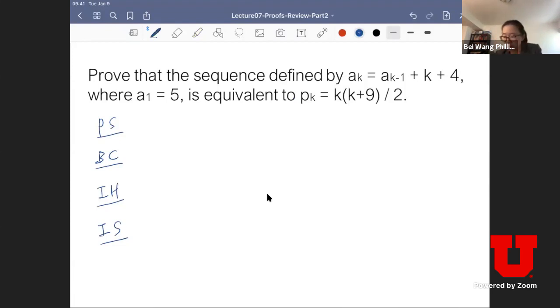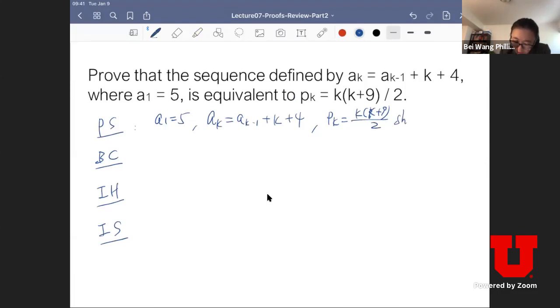So the problem statement says A1 is equal to 5 and Ak is equal to Ak minus 1 plus k plus 4, and Pk is equal to k times k plus 9 over 2.